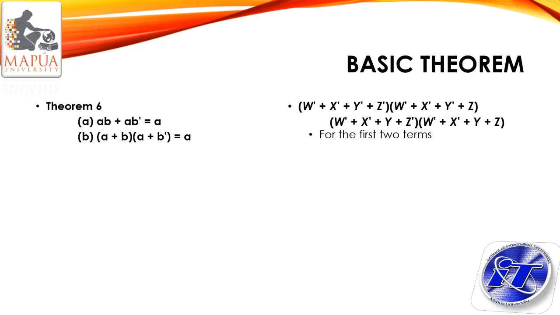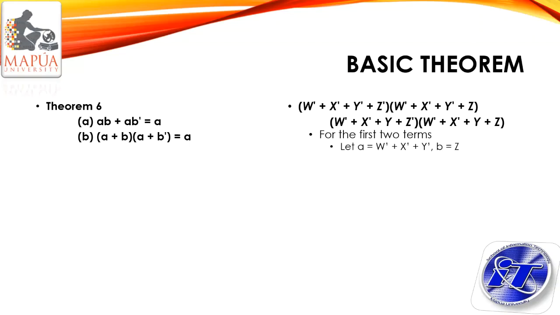So for the first two terms, can we implement theorem number 6? Possible, yes. Number of terms first: yes, four. Common variables? Yes, W not, X not, Y not. Do we have complemented variables? Z not and Z. Therefore, we could implement theorem number 6 for the first two terms.